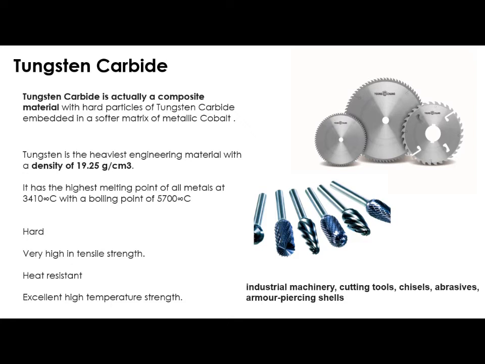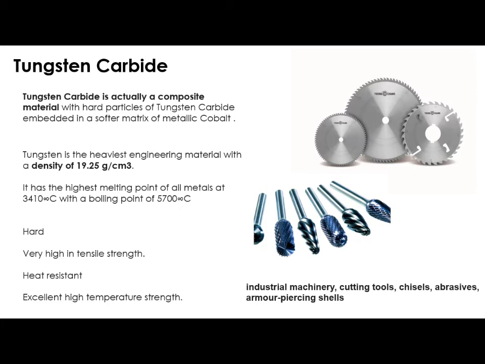Tungsten is the heaviest engineering material, so it's very dense, it's very heavy. But the massive advantage, and the reason it is used for things like the tips on saw blades, the tips on high-speed cutting tools, things that might get very, very hot, armor-piercing shells, there we go, if you're interested in that kind of thing, I guess, is that it has the highest melting point of all metals.